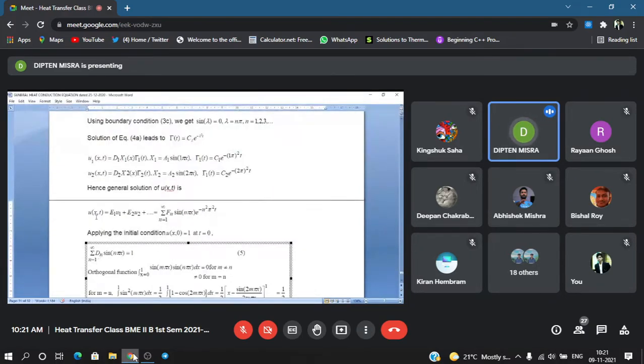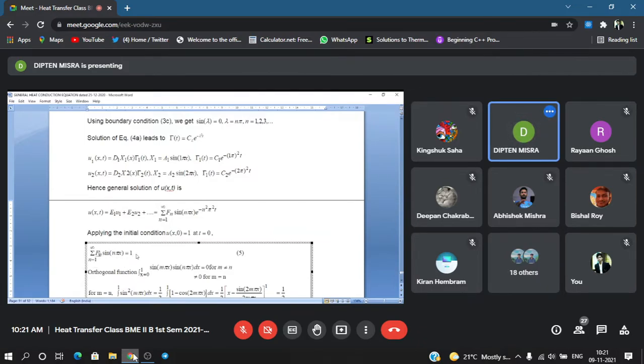into this solution. At time equal to 0, in the summation of all these terms, the time term will be absent, since e to the power 0 is 1. So it is simply the summation of all such fn sin n pi x, with n varying from 1 to infinity, is equal to 1.